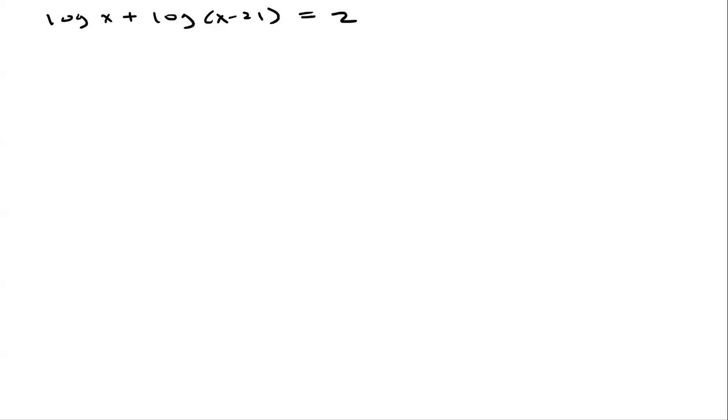Okay, so how do we solve this equation here? Last time we talked a little bit about combining the properties, so that they are written in a way we can solve it. Here we notice that we have log base 10 of x plus log base 10 of x minus 21.